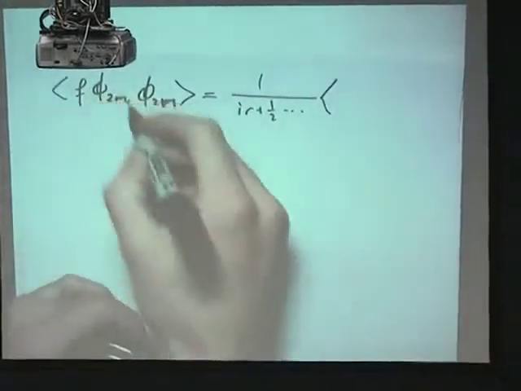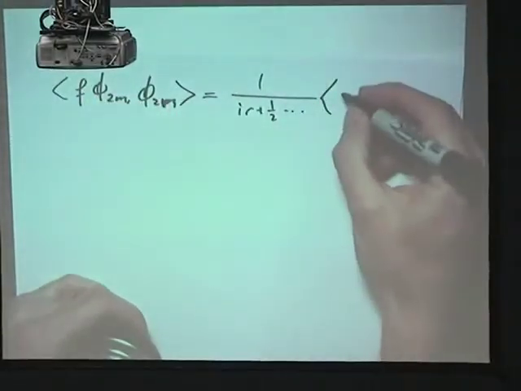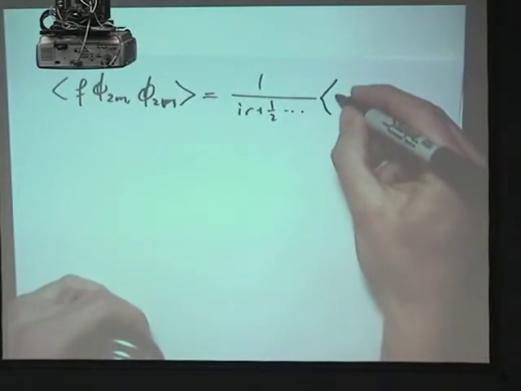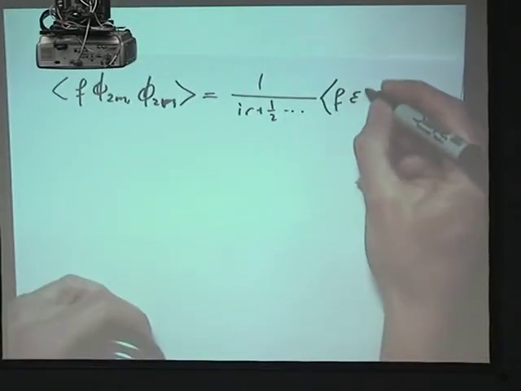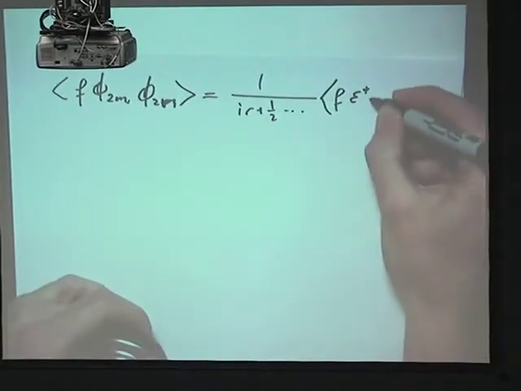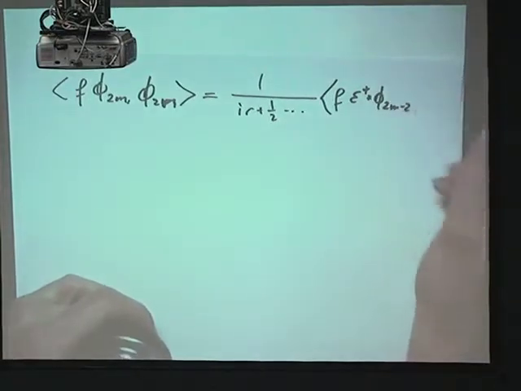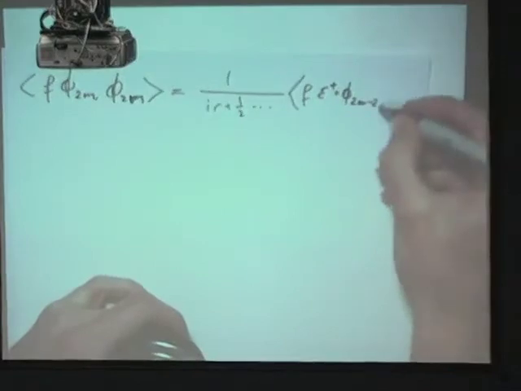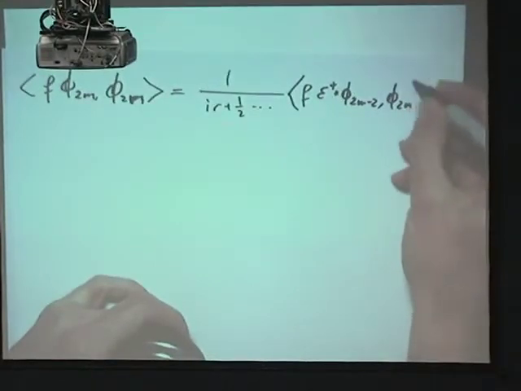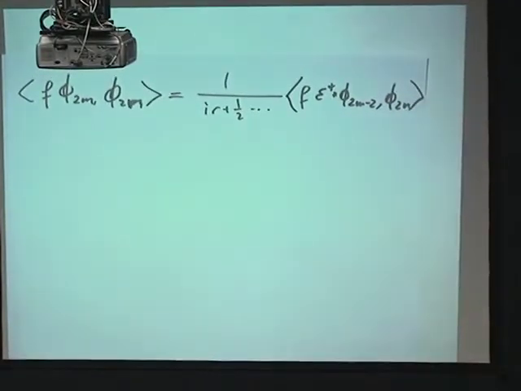So it's phi 2m, phi 2n, 1 over something, f E plus applied to phi 2m minus 2, comma, phi 2n. So I just used the formula that relates phi 2m and phi 2m minus 2, and there's some normalization which is one of these expressions here.